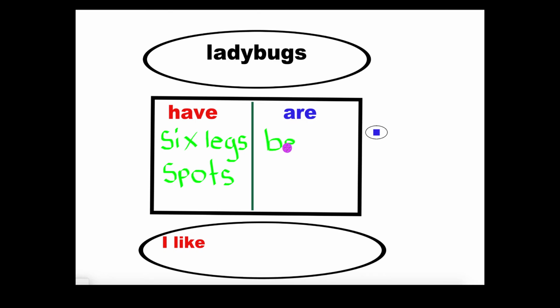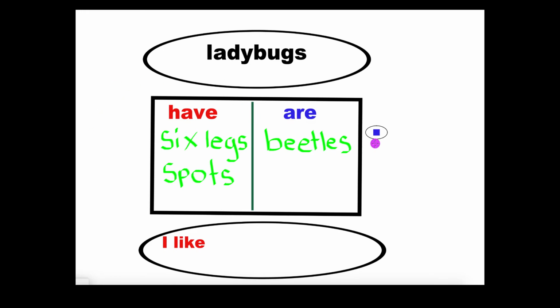They are a type of beetle. So we're going to write ladybugs are beetles. Go ahead and write that on your thinking map. Ladybugs are beetles. It's awesome.